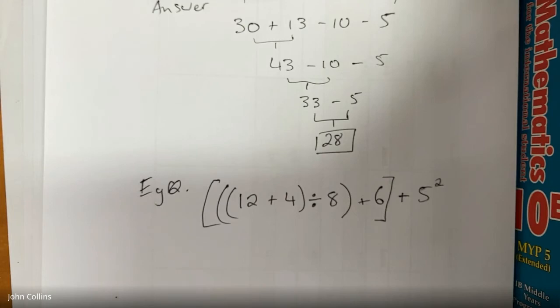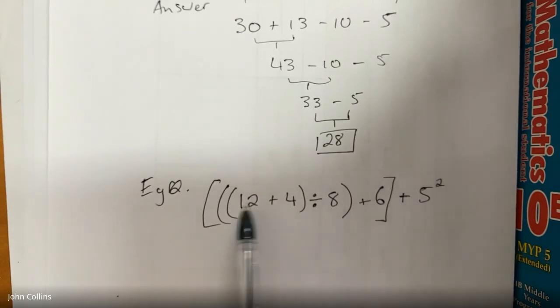Okay. Not sure either. Joe thinks it's 35. Okay, we got loads of brackets here.